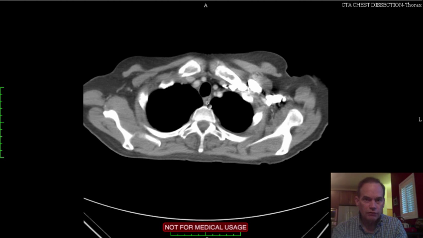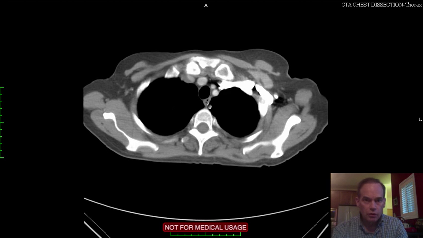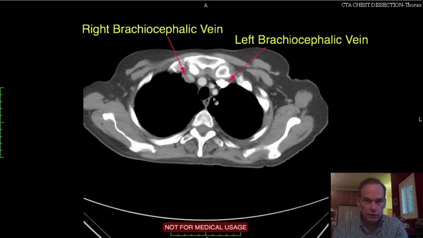Okay, and you have the great vessels up here. Actually, here are the venous vessels, the right brachiocephalic vein and the left brachiocephalic vein, and you can tell the patient was injected in their left arm, the left brachiocephalic vein being quite opacified by the IV contrast.